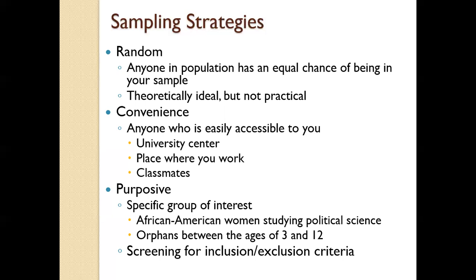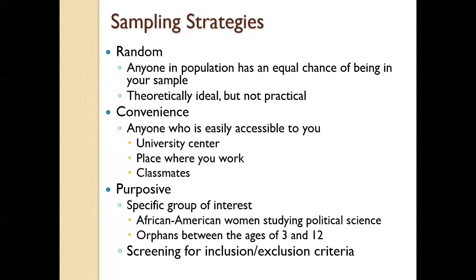Such as, if I am interested in African American women studying political science, I may go over to the political science department, or if there is a club or organization specific to political science or African American women, then I can recruit my participants from that.